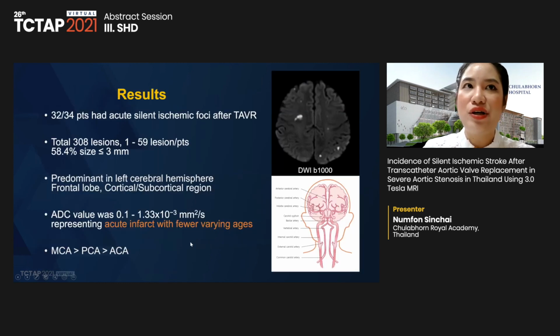About MRI imaging, most patients had acute silent ischemic stroke after TAVI. There were 308 lesions in total, ranging from 1 to 58 lesions per patient. About 60% were less than 3 millimeters, predominantly in the left cerebral hemisphere, frontal lobe, cortical-subcortical, representing embolic nature.